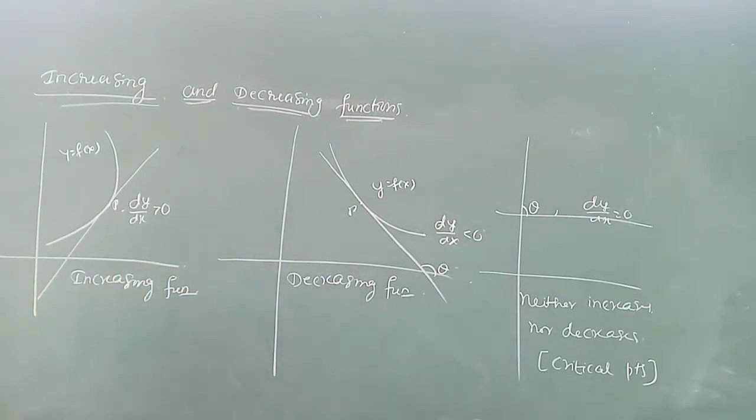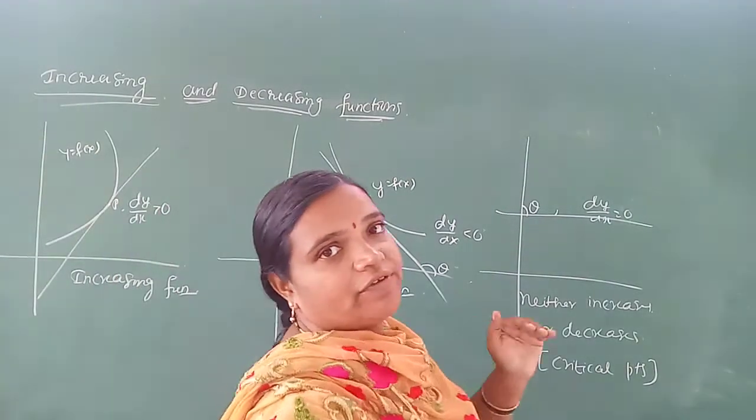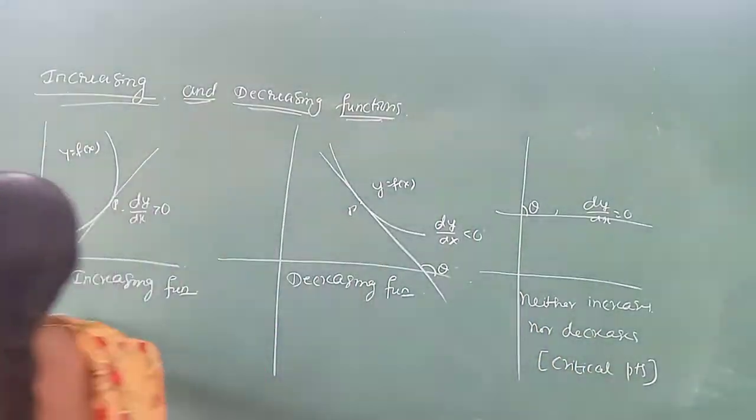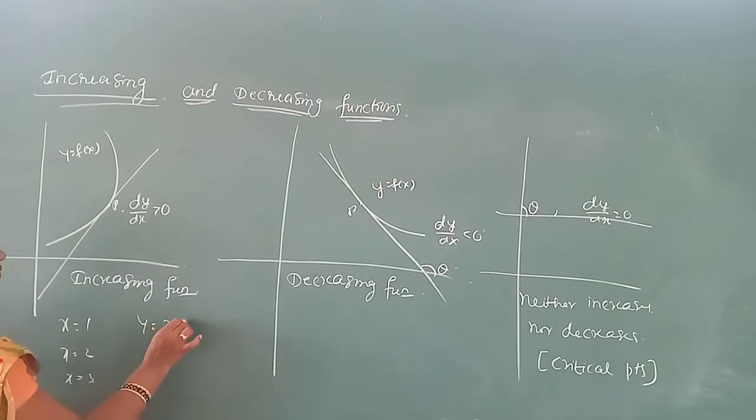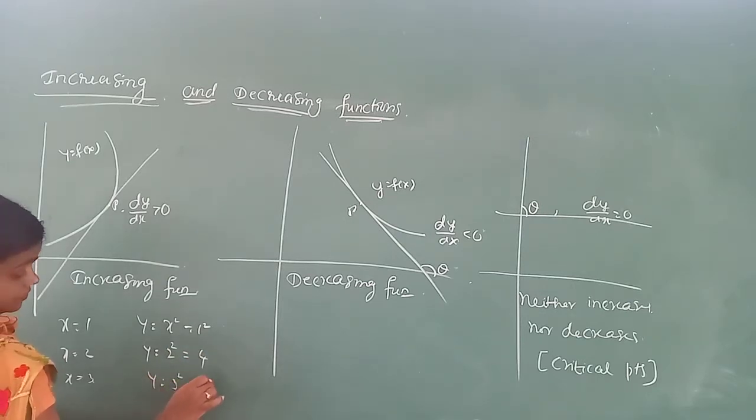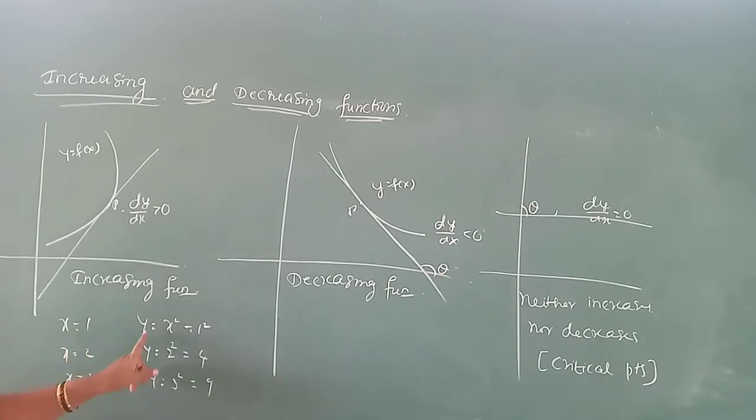See, consider a function y equal to f of x. If x increases, please concentrate. If I take x as 1, 2, 3, then y equal to x square gives 1 square is 1, 2 square is 4, 3 square is 9.